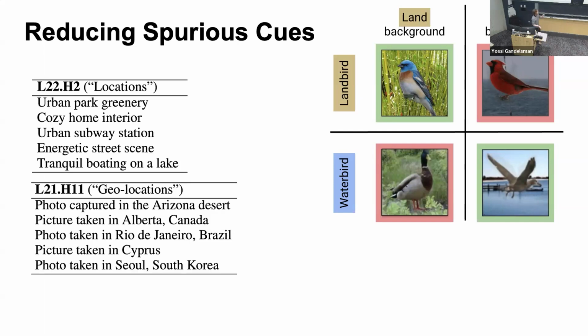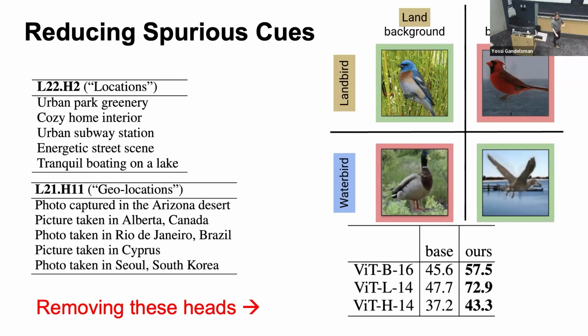But we know that there are individual attention heads that are responsible to tell the final representation exactly about this background. So we can take these attention heads and just remove them from the final representation. And when we do that, we improve the classification.